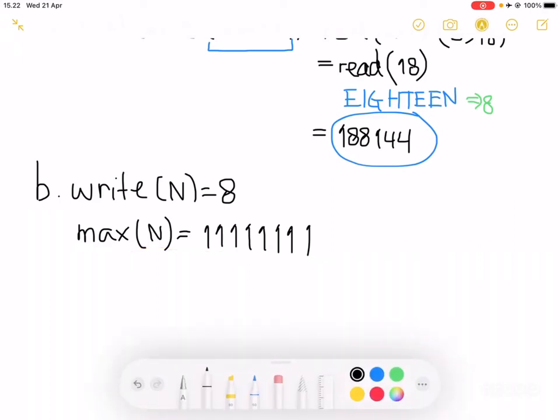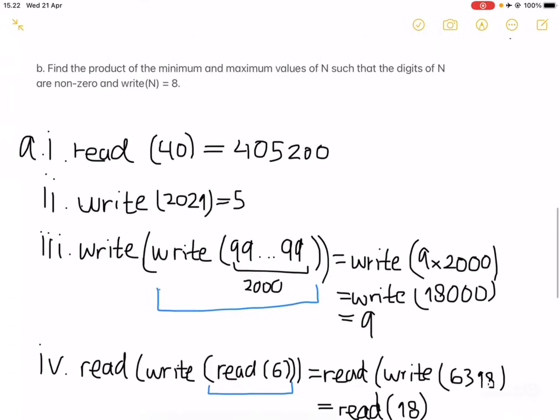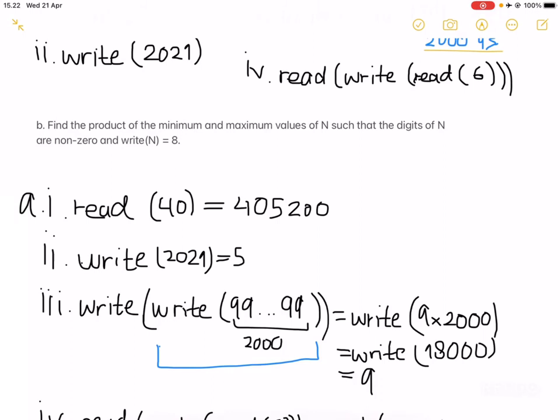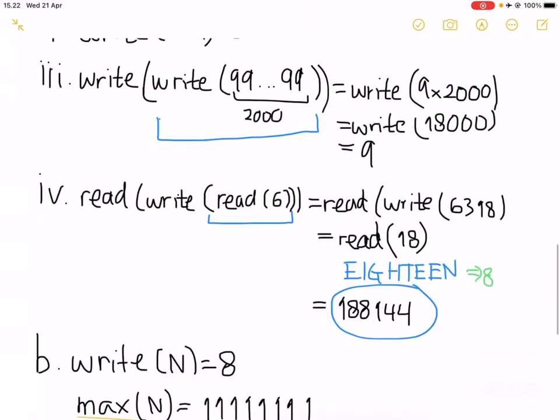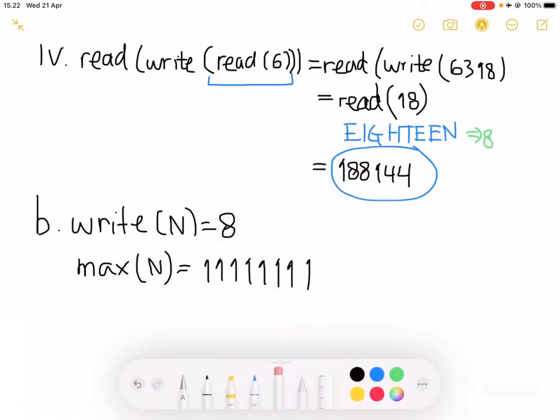But you may be asking, well, you can just add a 0 there. That will make write of n still equal to 8. And in fact, you can add another 0 that will still remain the same. You can add infinitely many zeros and therefore make it a maximum. However, if you reread the criteria of the question, the digits of n are non-zero. So therefore, you cannot add zeros, unfortunately.